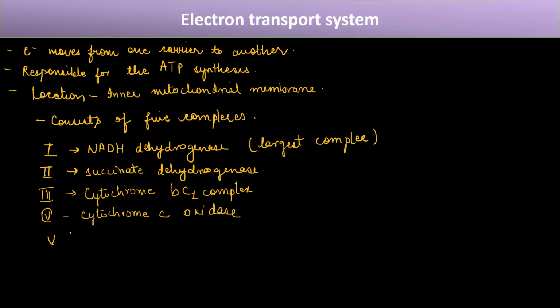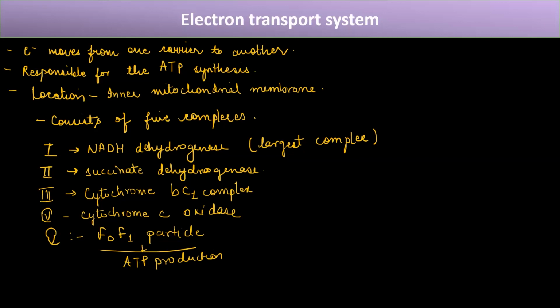And the fifth one is the F0F1 particle. We have also heard about this F0F1 particle previously, right? It leads to ATP production, and it is the same as the F0F1 particle we have studied, or you will study, in photosynthesis. There it was located in the chloroplast, and here it is located in the mitochondria.